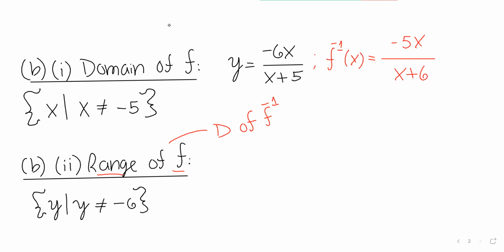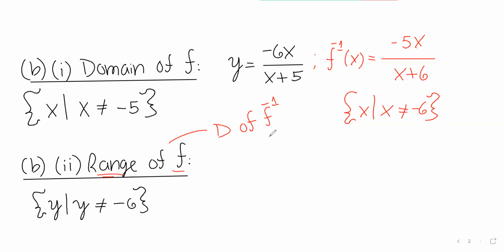And that's because, again, the domain of f, if I wanted the domain of f inverse, that would be x cannot be -6. So again, that's the domain of f inverse, but the question ultimately asks for range, and that's why we format our answer with y.